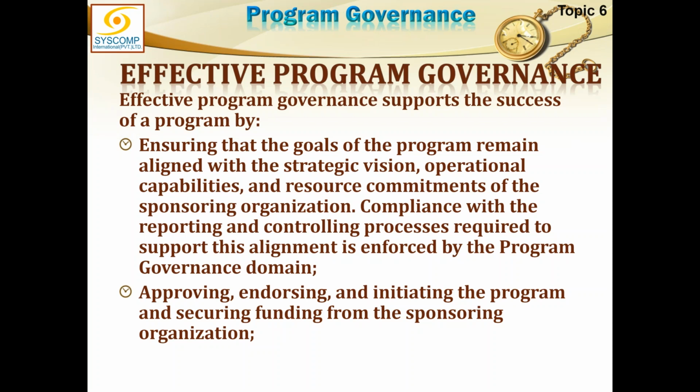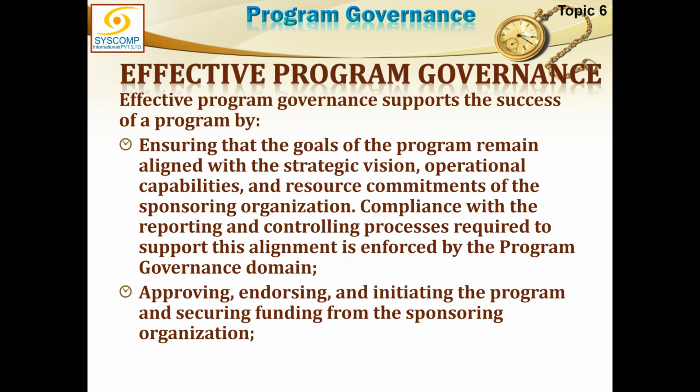So those processes in general are already there. You have to adopt them. They are required to support this alignment. So all those actions will ensure that you remain aligned with your strategy, you keep delivering the capability to the operations, and you keep committing the resources which are available within the organizational resources.